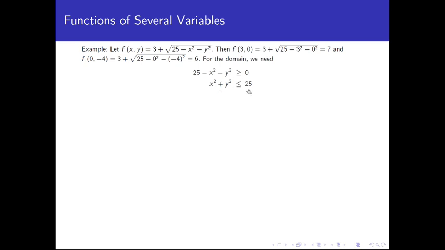If we rearrange the inequality, we get x squared plus y squared is less than or equal to 25. If this was equal to 25, we would recognize this as the equation of a circle. So here we have a circle and its interior, the set of all points that satisfy that inequality, which is the domain of f.